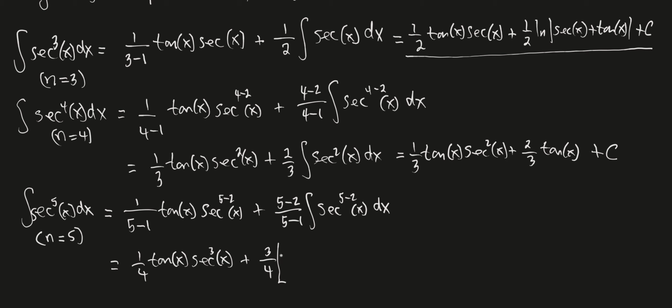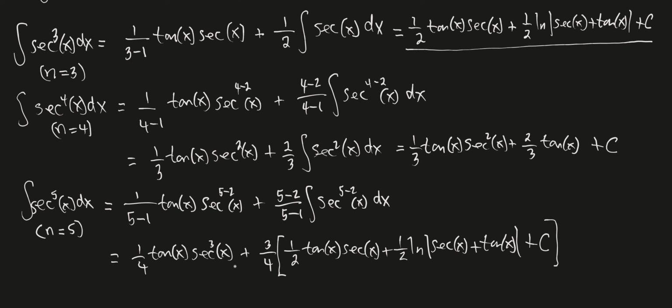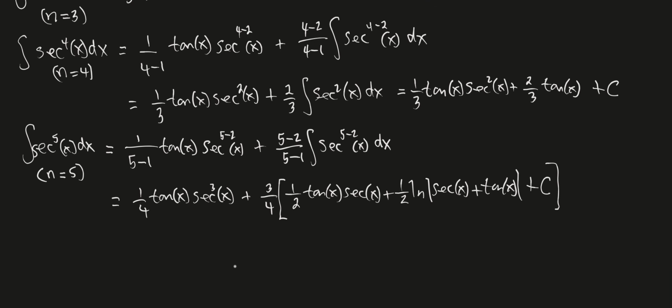So I'm going to use square brackets, and then we have 1/2 tangent x secant x plus 1/2 times the natural log of the absolute value of secant x plus tangent x plus c. So again, I'll put it all in the square brackets because technically even the constant is going to be multiplied by the 3/4, but we know that's not going to change the fact that it's a constant.